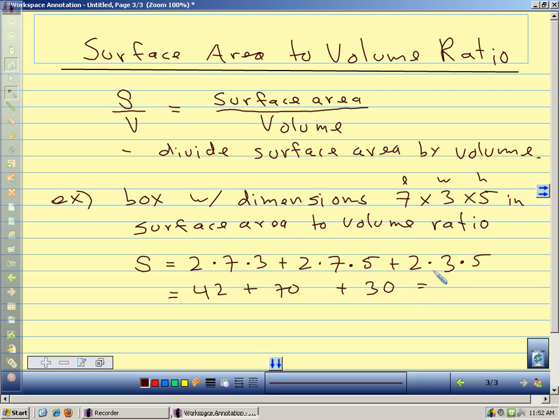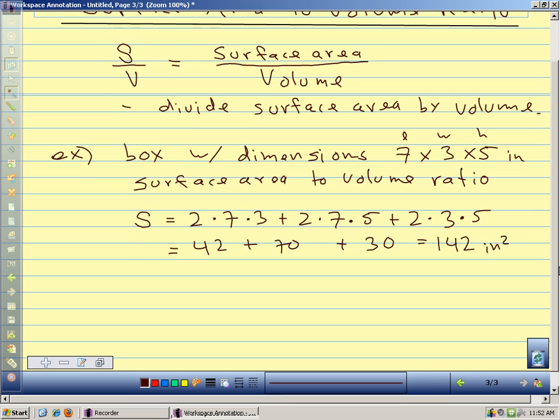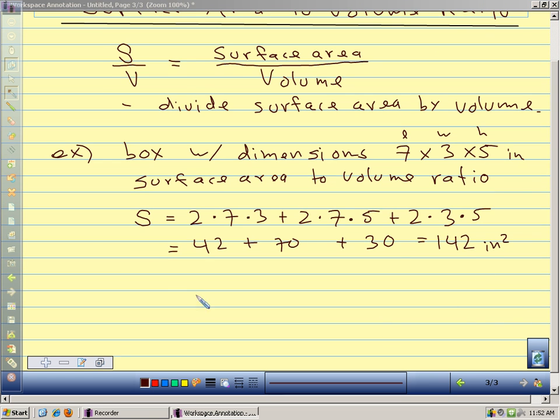And we get 142 inches squared for our surface area. And our volume is just length times width times height. So 7 times 3 times 5. And we get 105 inches cubed.